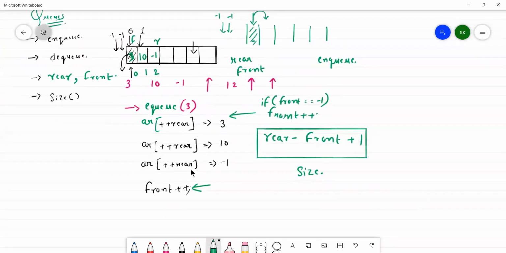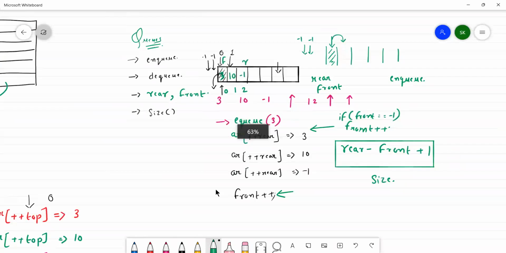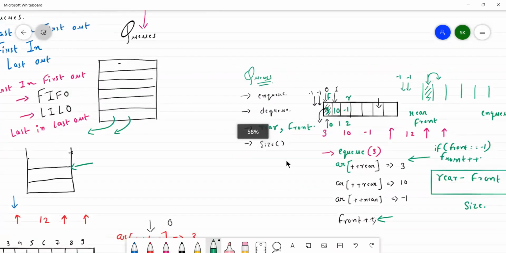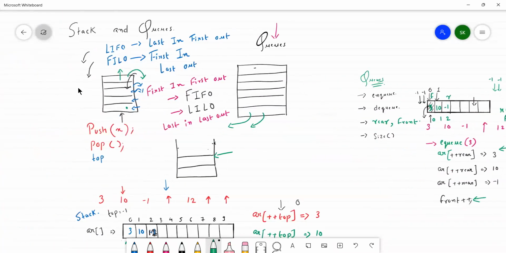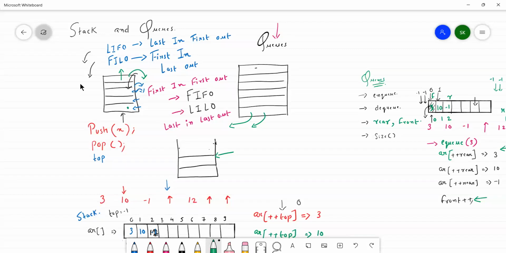So yes, we just saw the comparison of 4 operations in the stack and queues. In the stack, it is push for insertion, pop for deletion. In the queues, what operation is for insertion? It's NQ. What is the operation for deletion? It's DQ.